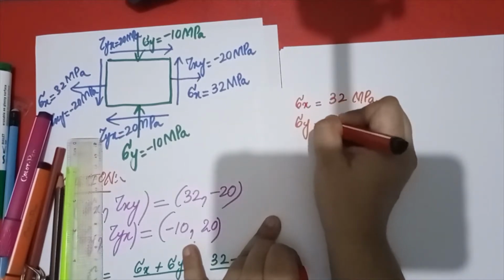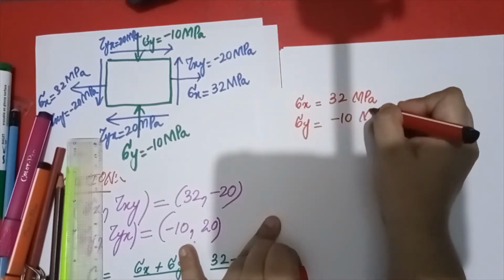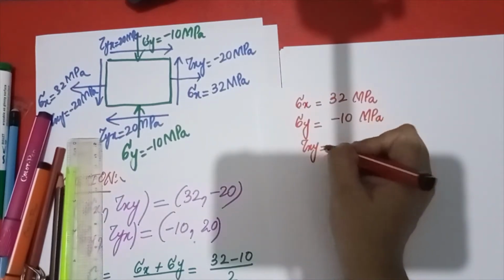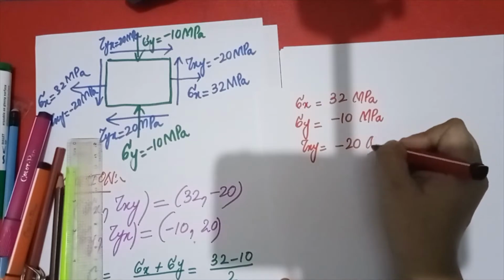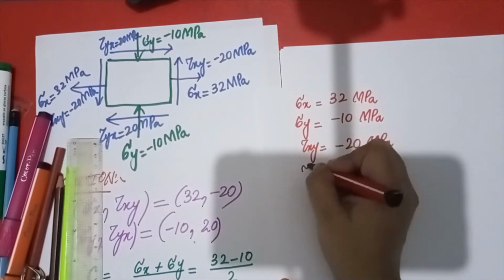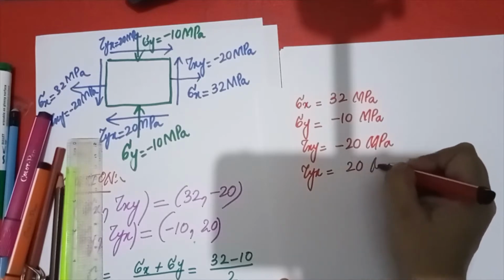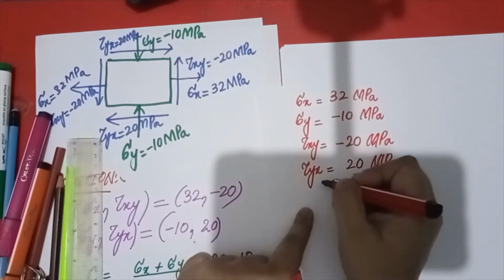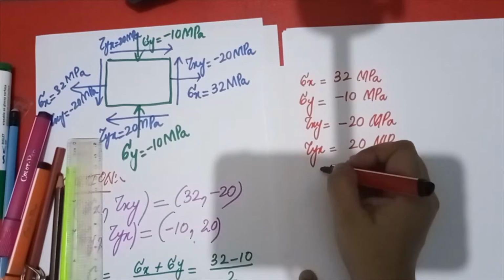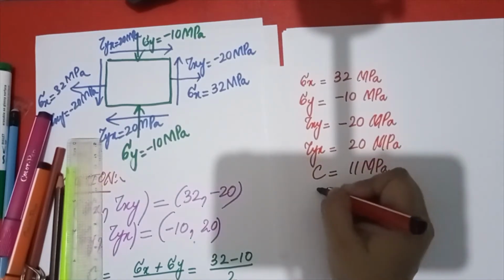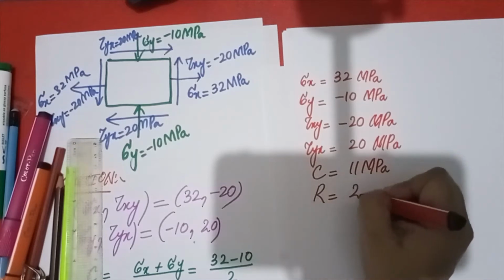Sigma y is minus 10 MPa. Then tau xy is minus 20 MPa. Tau yx is 20 MPa, same for both. And then the value of C is 11 MPa, then R is 29 MPa.